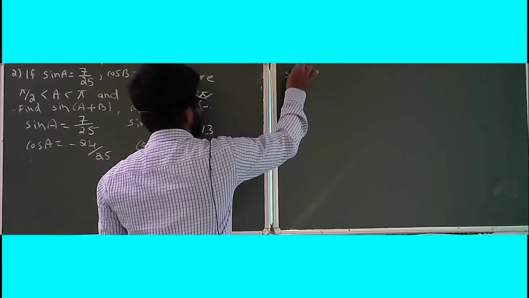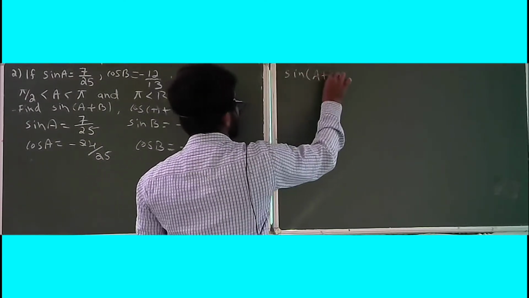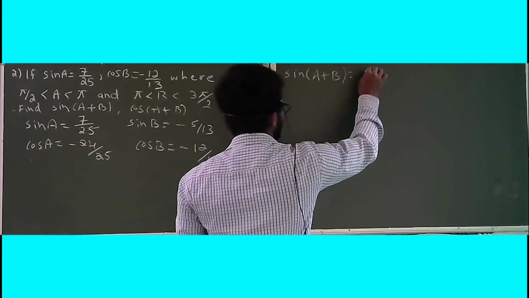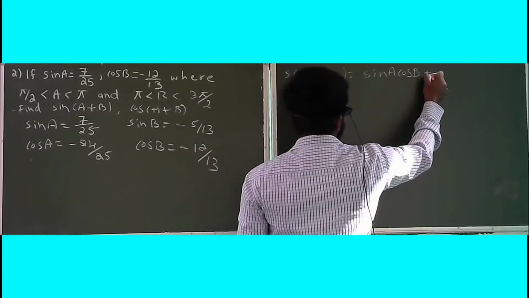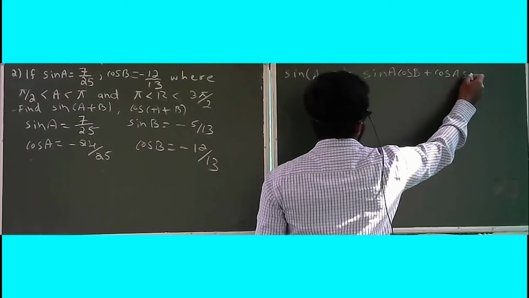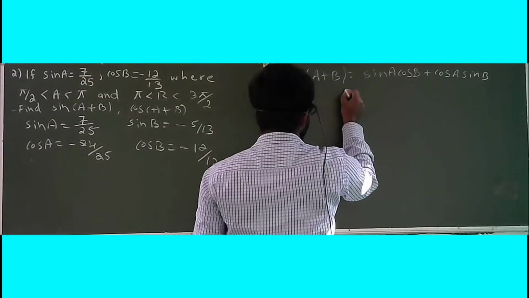Now see the first question. First question is sin of A plus B. Sin of A plus B is equal to, write the formula, sin A cos B plus cos A sin B. Substitute the values.